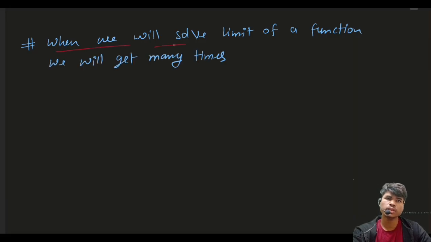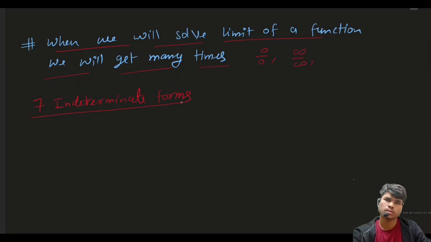When we solve the limit of a function, many times we get the 0 by 0 form, infinity by infinity form. So there are a total of 7 indeterminate forms.